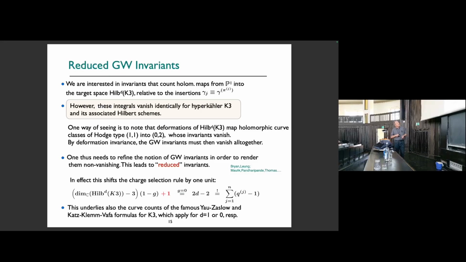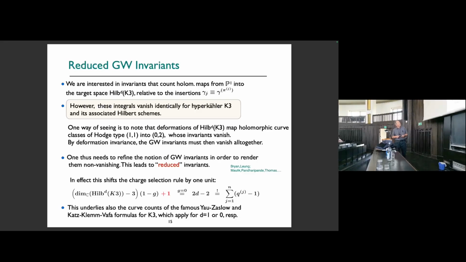But because Gromov-Witten invariants are invariant under deformations, it means they must vanish identically. Yeah? So the mathematicians are smart and have refined this story and introduced so-called reduced invariants. This is a very abstract notion, and what they do is they modify the obstruction theory of these deformations in order to make sure that one always stays in a holomorphic subsector.